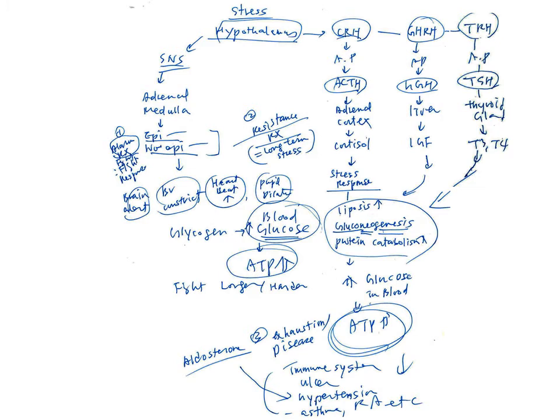And so the right side of this equation is the resistance reaction, which is the long-term stress, which is the endocrine. The left side of the equation is the immediate neural nervous system working together.